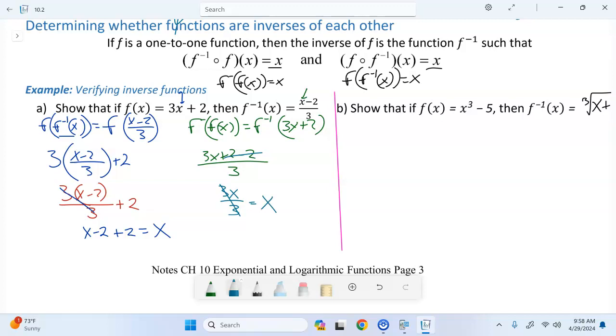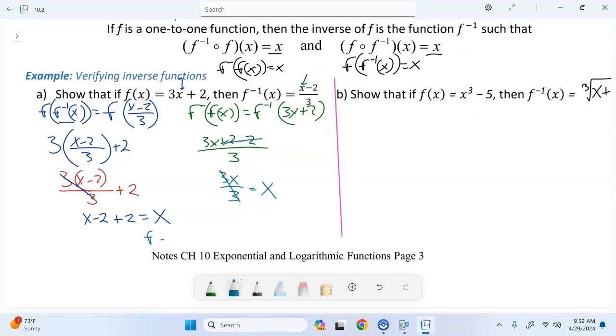So we're left with just x. That means that f of f inverse of x equals f inverse of f of x, and they both equal x. Therefore, they are inverse functions. We are verifying that they are inverses.